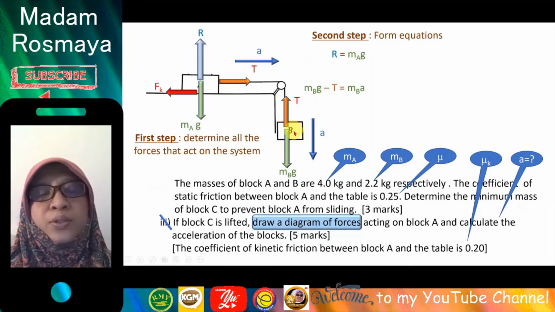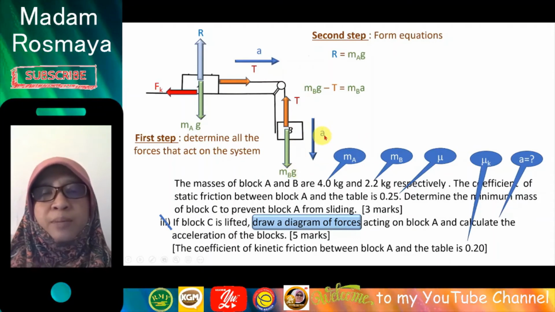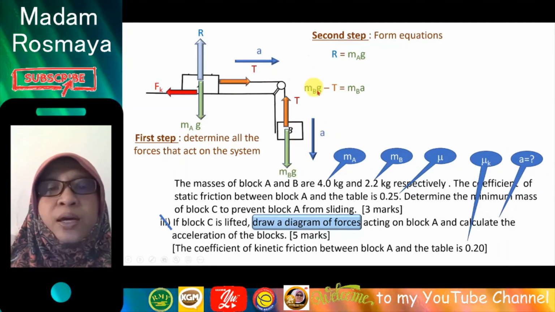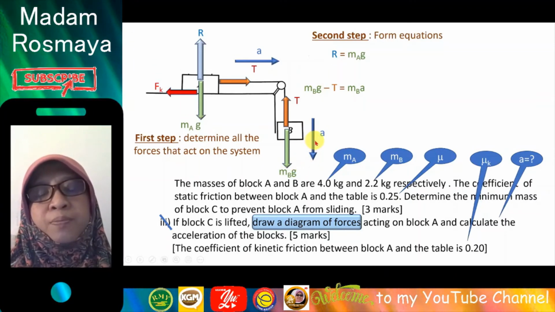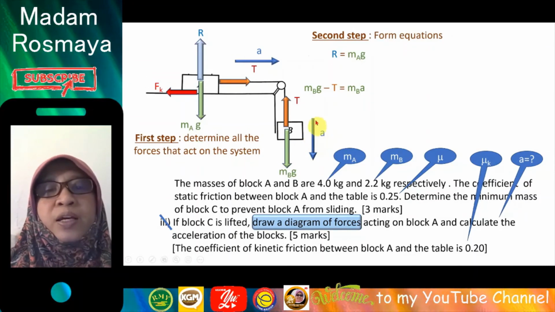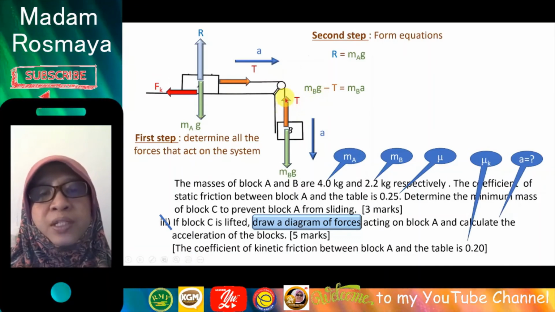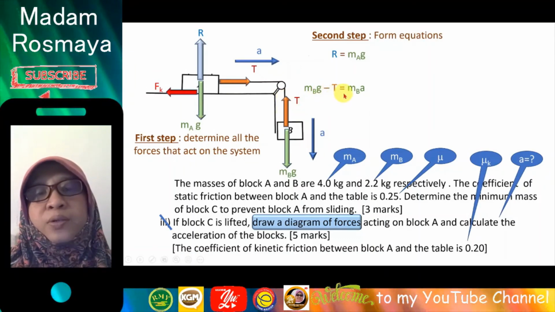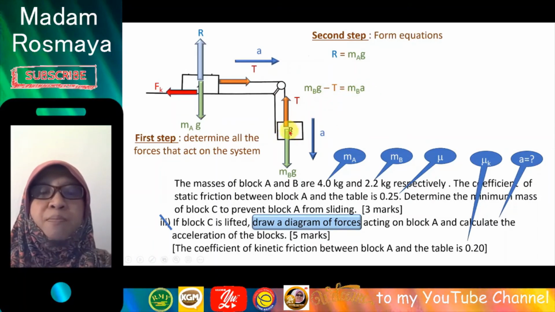Block B is going down, so MBG is positive because it is the same direction as A. We follow the sign: positive if it follows the direction of A. So MBG, and minus T because the direction of T is upward. Minus T equals MA, where M is the mass of B.